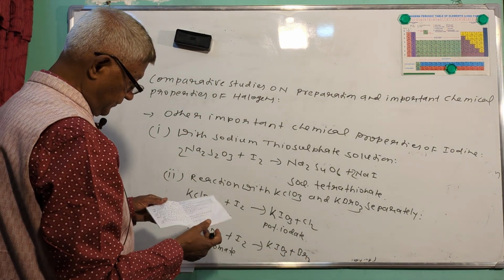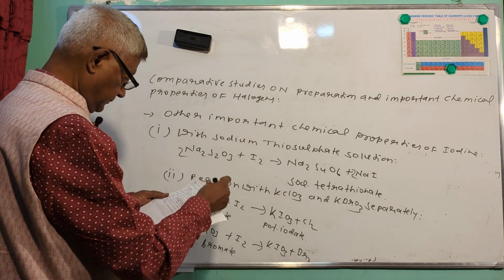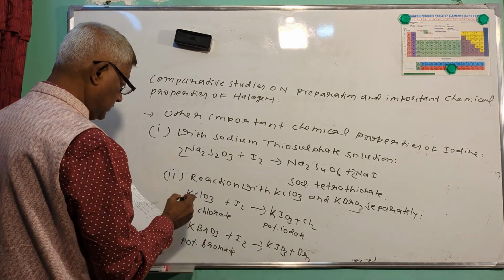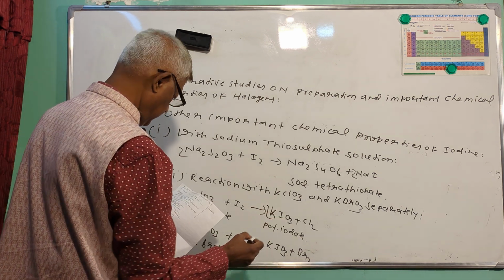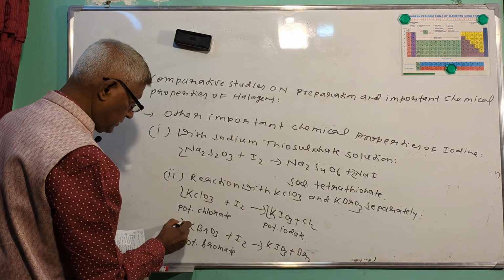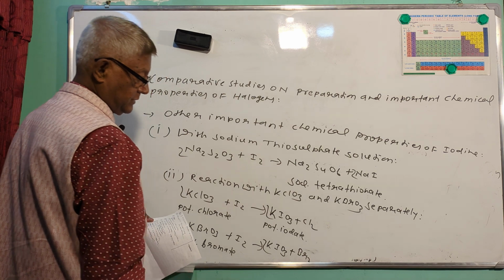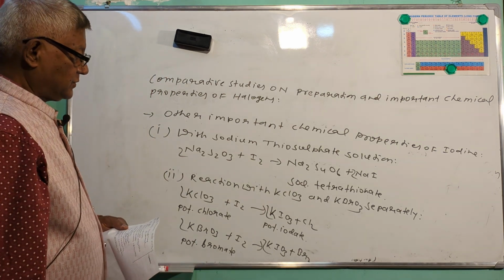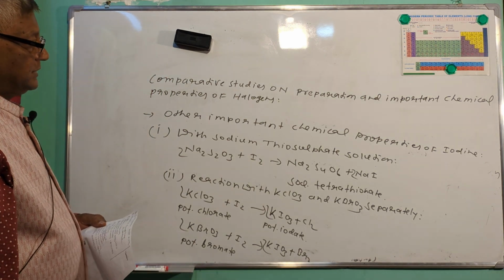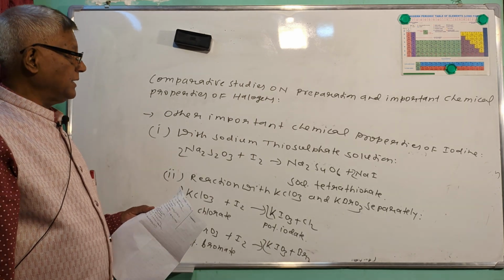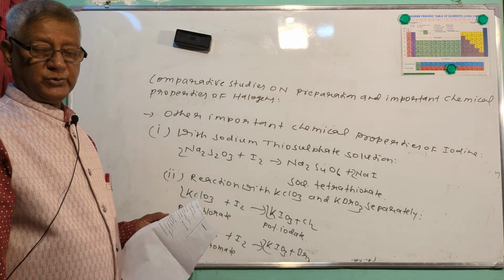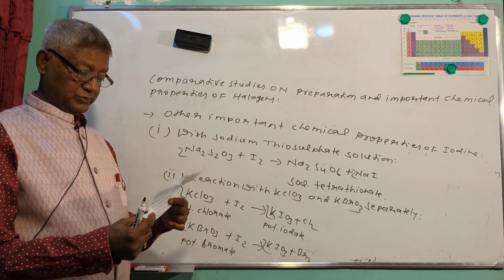So 2KClO3 gives 2KIO3, and 2KBrO3 gives 2KIO3, that is substitution by iodine. So these are the main important chemical properties of halogens: chlorine, bromine and iodine.